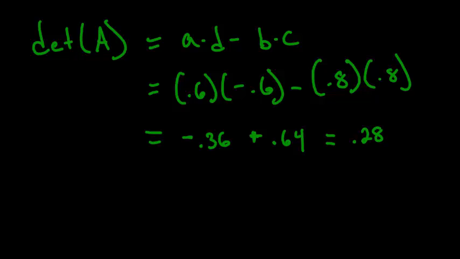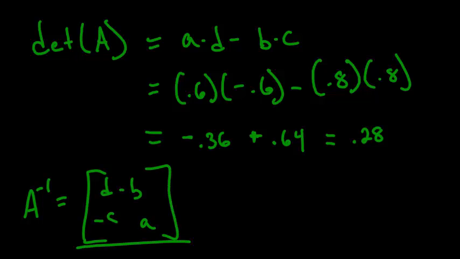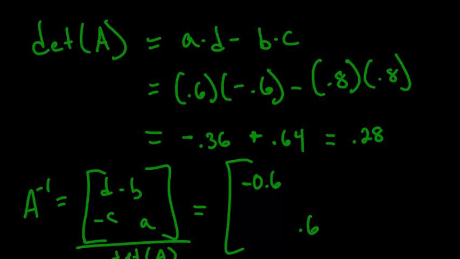So now the inverse of A is represented as D, A, minus B, minus C over the determinant of A. So this is equal to, this will be negative 0.6, 0.6, minus 0.8.